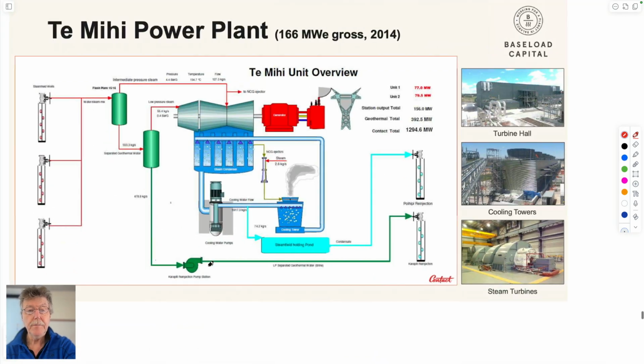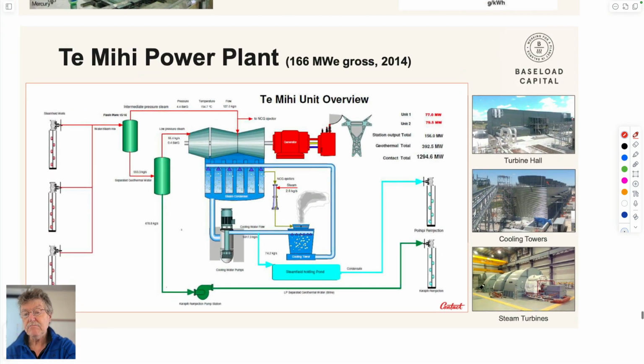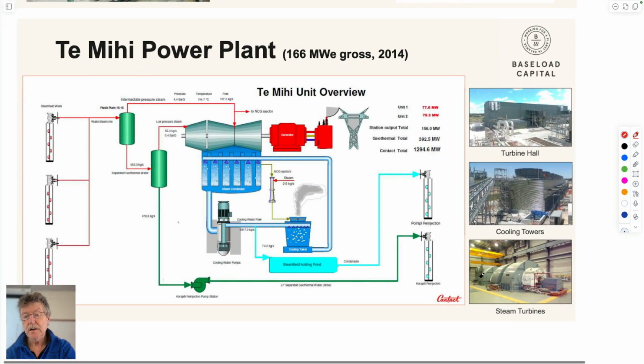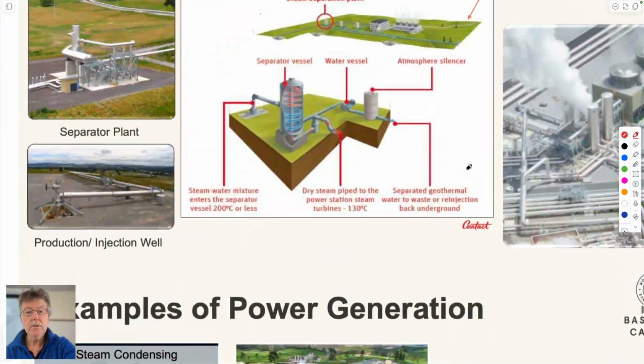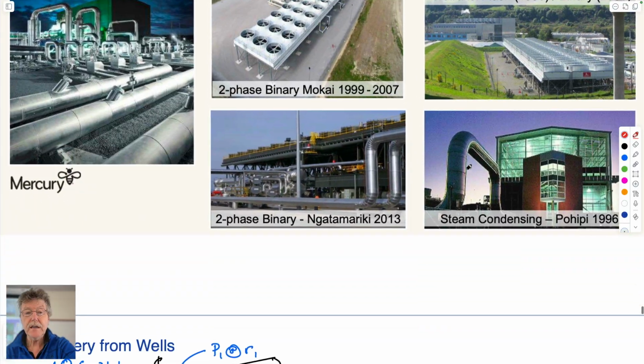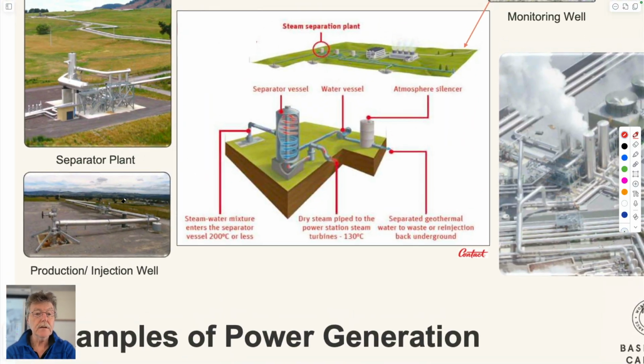So that's the basic format. So steam turbines, a generator behind it, cooling towers for the water that comes out of this, and the turbine hall existing on property with hot water being fed into it. So to be able to run that, we have to get fluids out of the ground. So the well heads are very nondescript.